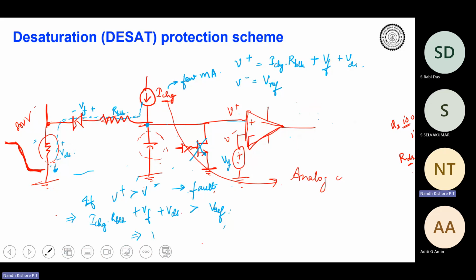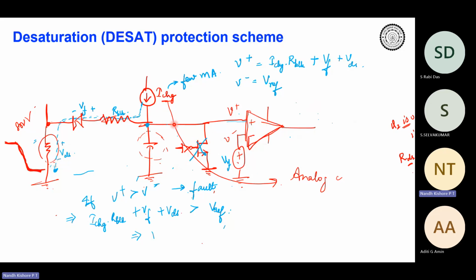And also, since we just saw that the gate for this NMOS is actually going to be the NOT of the gate of your device Q2, when Q2 is turned on, obviously this NMOS is out of the picture, right? That's why I have struck it out. So when the device is turned on, your NMOS is turned off.